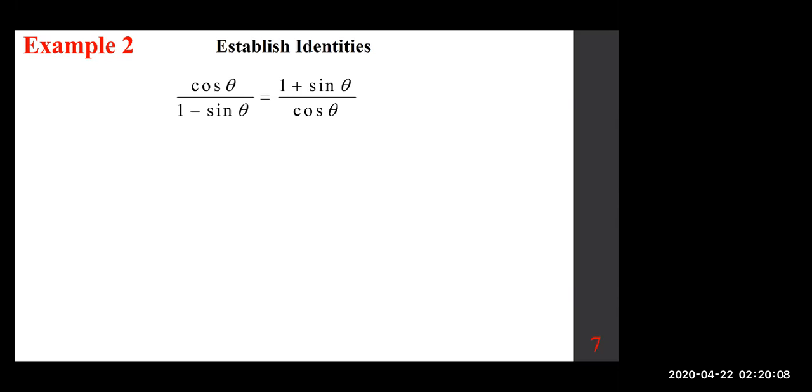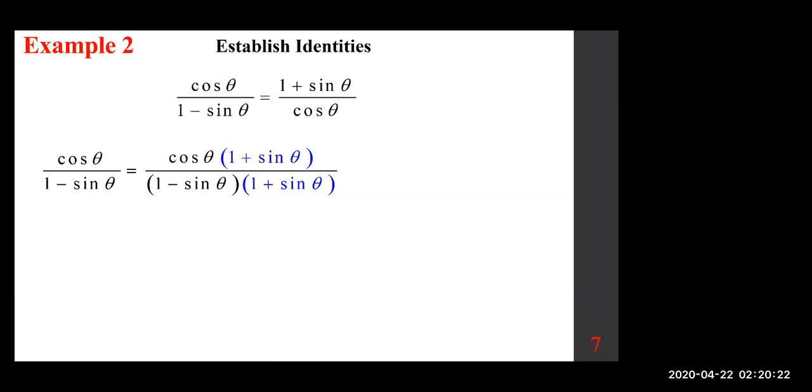So in this case, if you start from the left side and you notice the denominator is 1 minus sine theta, perhaps the technique, just as on the previous page, would be to multiply the top and the bottom by 1 plus sine theta. And we basically get to the same concept. The denominator changes to 1 minus sine squared, which is the same as cosine squared.